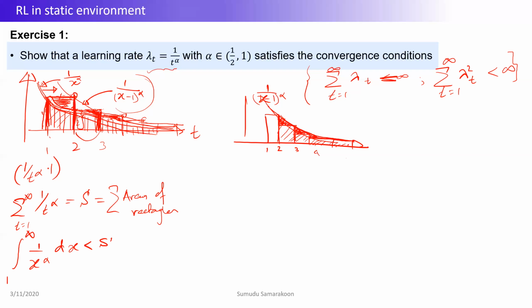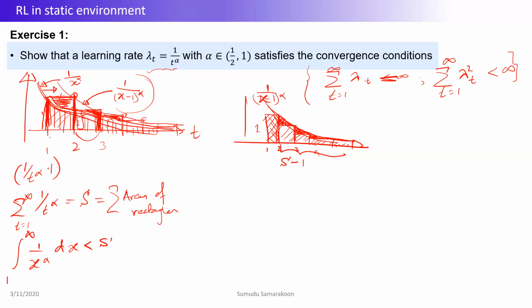So we can say this area is equal to, from here to here, if we consider this rectangle, s minus 1, because this rectangle has a height of 1 and a width of 1, so its area is 1.